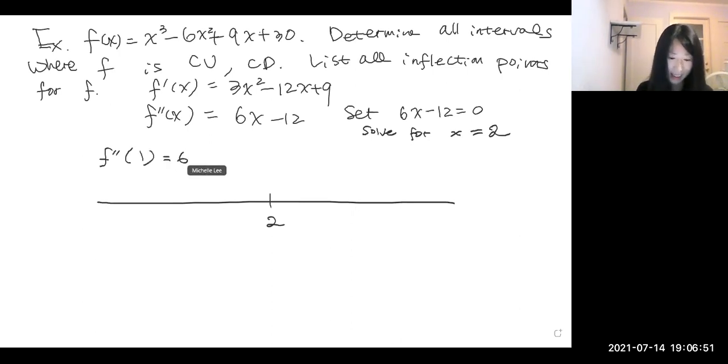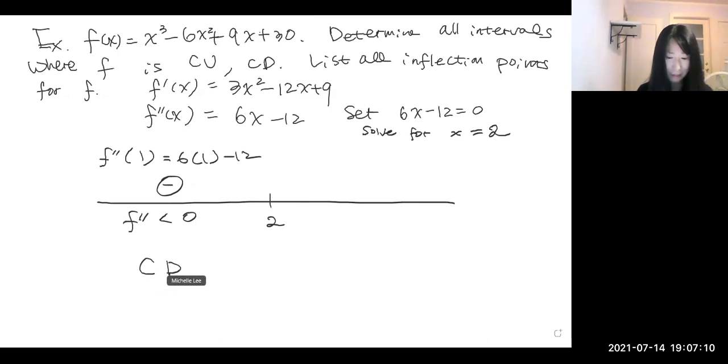So 6 times 1 minus 12. What do you get? It's negative, right? f double prime is negative, meaning less than 0, which tells us concave down.